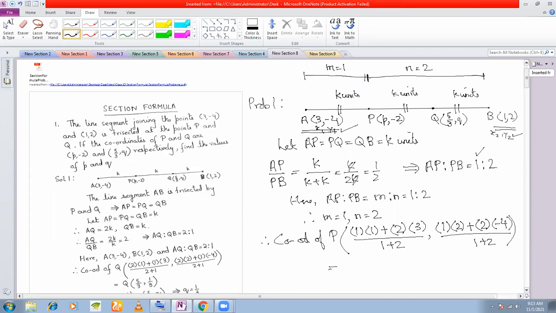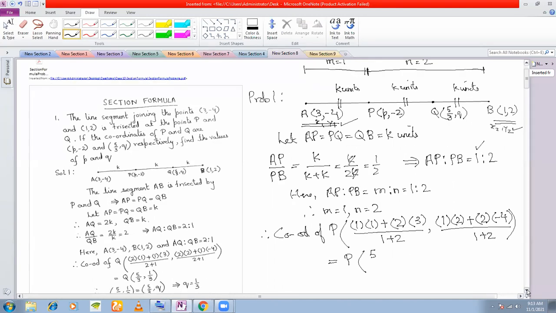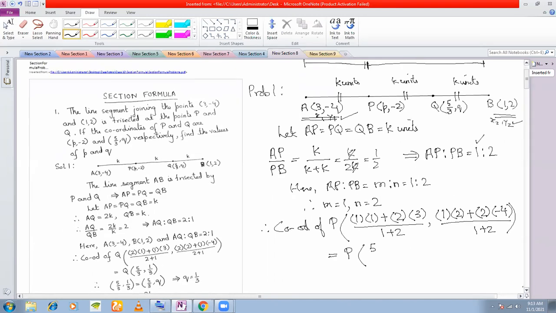Okay, so you simplify this, you get this as 5 by, this is 6 plus 1, 7 by 3.